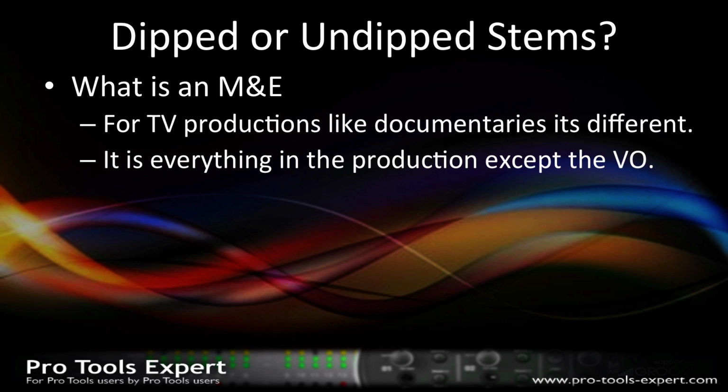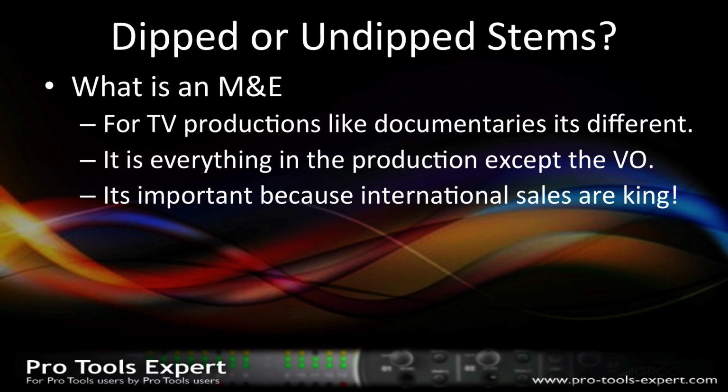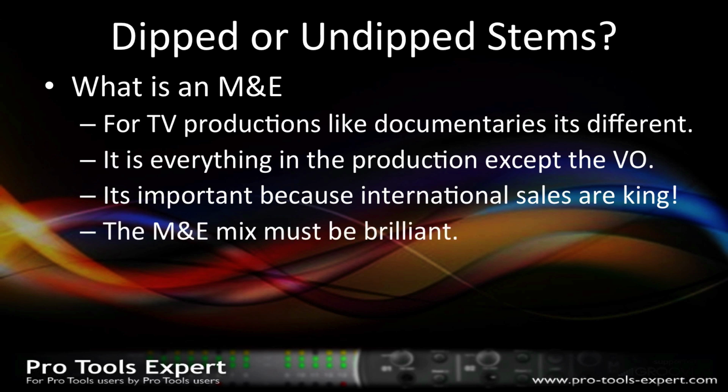Because predominantly, if you're selling your program abroad, and this is an issue I think a lot of documentary mixers don't quite get, international sales are king. Often a production will make more of its money from its international sales than from its one Channel 4 airing or its one BBC airing. So getting the M&E mix right is the most important thing.